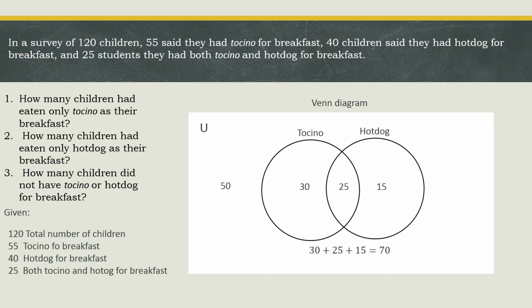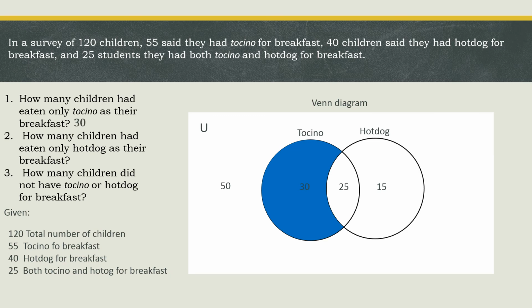Okay? So, let's identify now. First is question, how many children had eaten only tocino as their breakfast? So from this illustration, there are 30 children who only eat tocino.